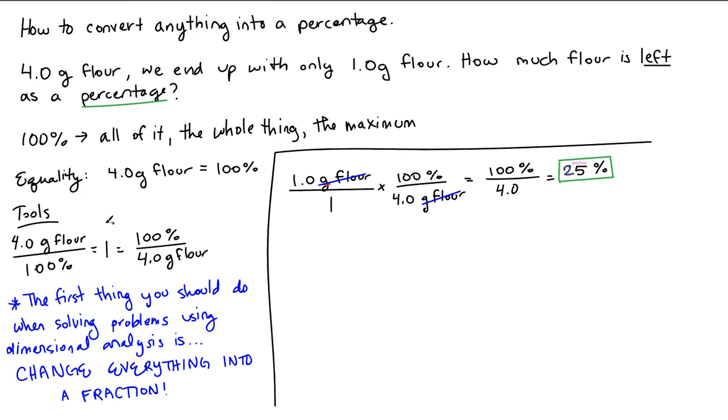The cool thing is we can use these conversion factors to help us figure out other things too. So just for fun, let's do another question using these conversion factors. So now let's do this. We start off with 4 grams of flour. And how about we do it the other way this time?